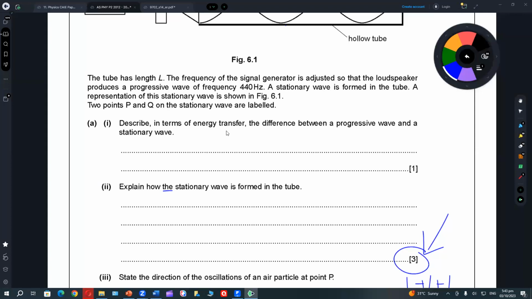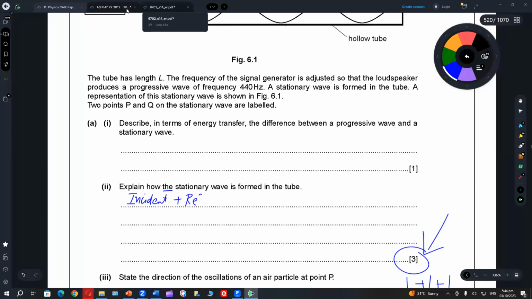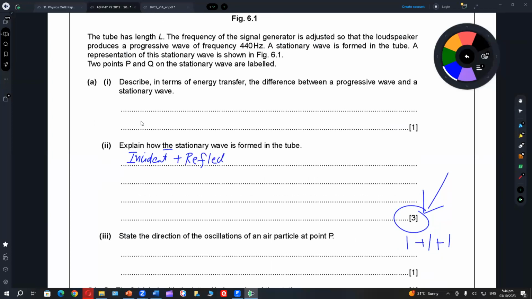It is a phenomenon of nodes and antinodes back to back, and it's a phenomenon of superposition. This is the main idea.